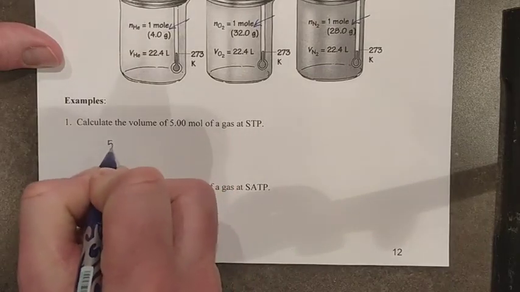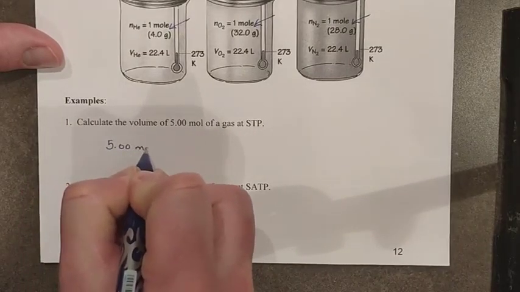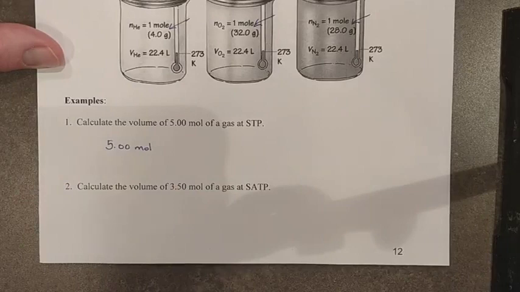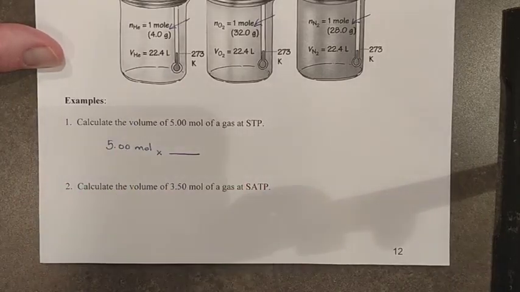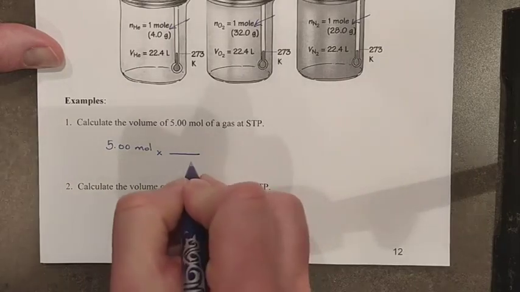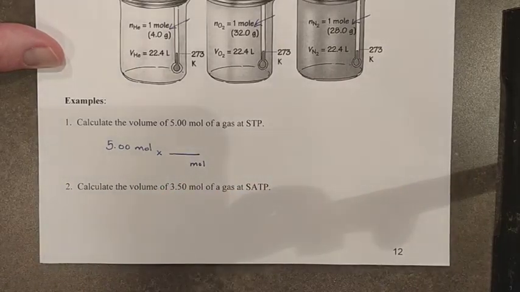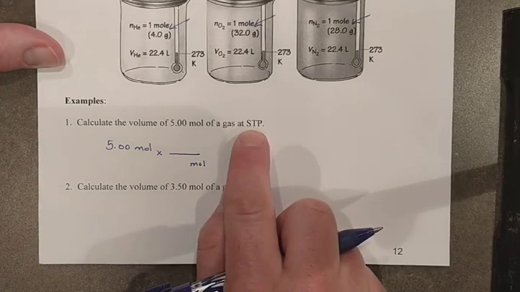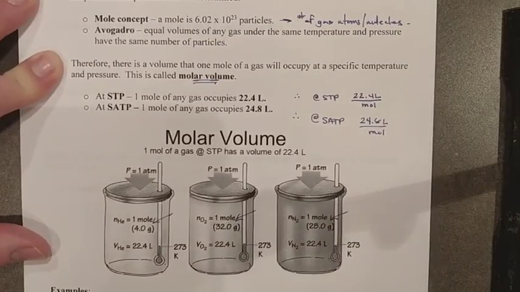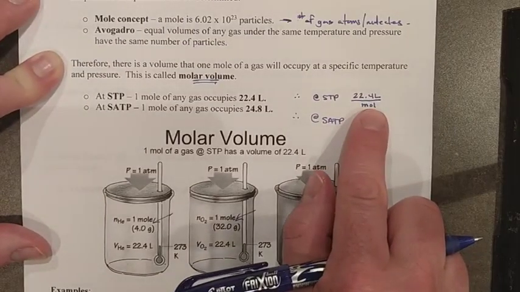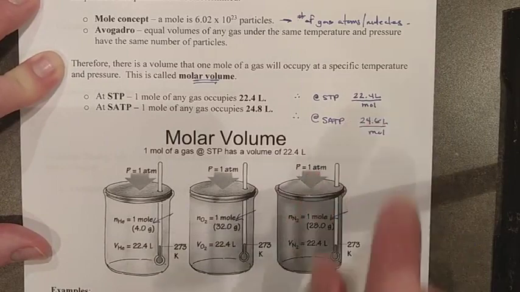Okay, so start with 5 moles of your gas. But I don't want moles. I want volume in liters. So moles will go on the bottom. Now at STP, what is the fraction between moles and liters? Well, we just talked about that. At STP, it's 22.4 liters for every mole.